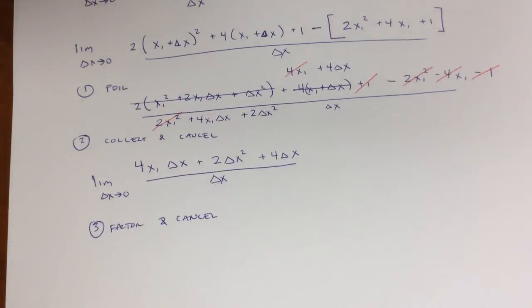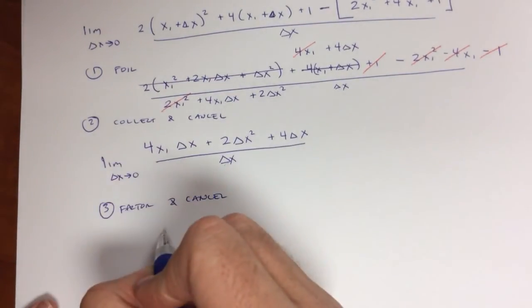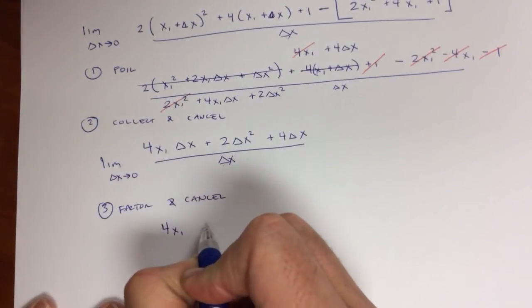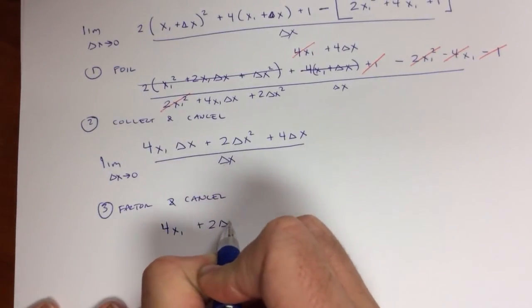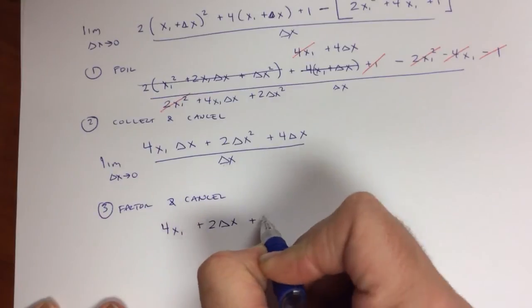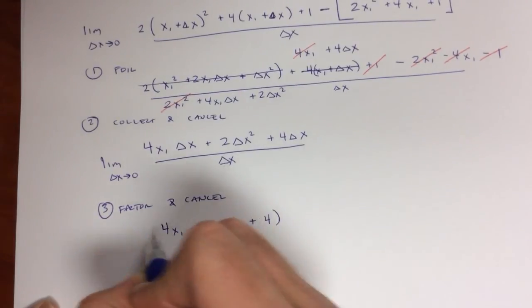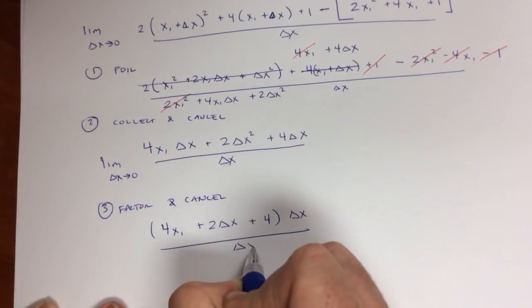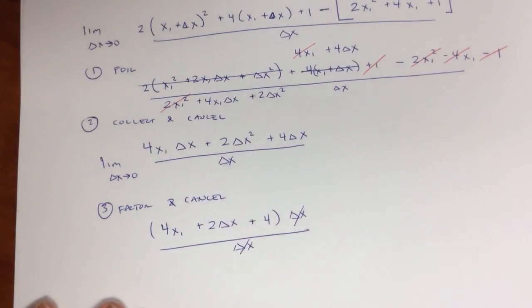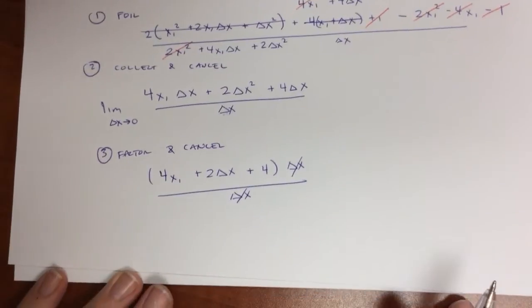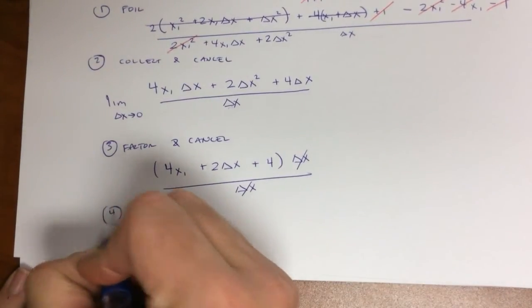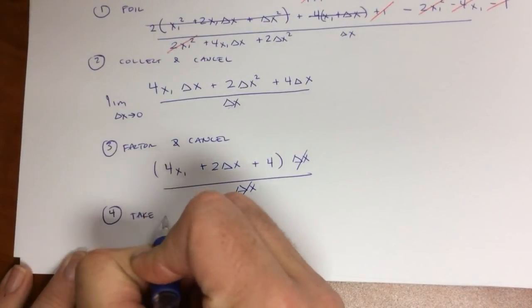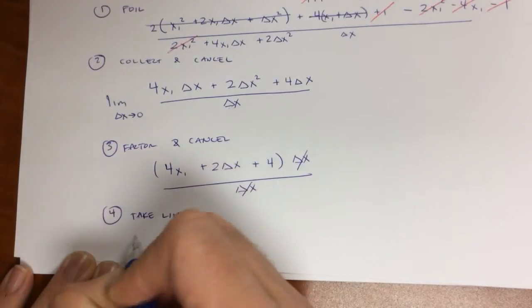So I'm going to factor out the delta x. So I'll get 4x1 plus 2 delta x plus 4 times delta x all over delta x, and those are the terms that cancel. Step 4, take the limit.